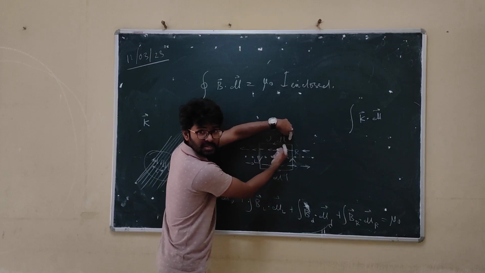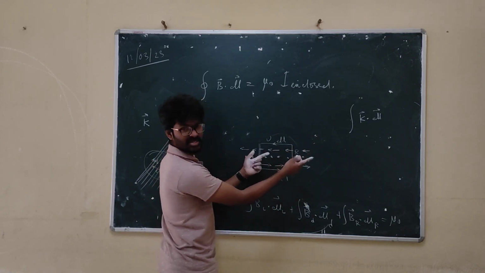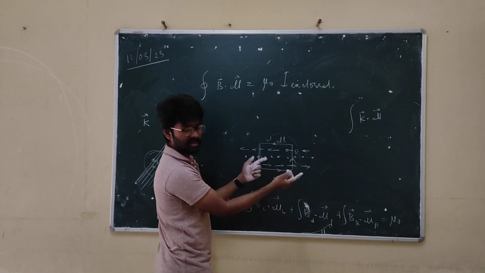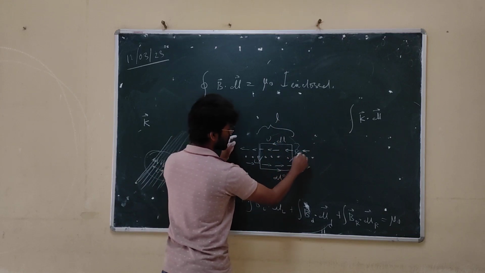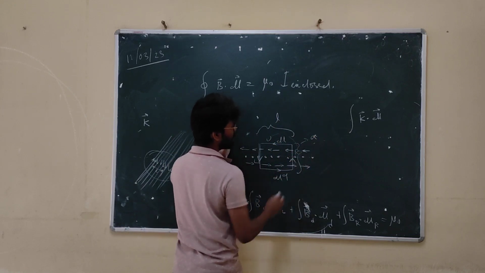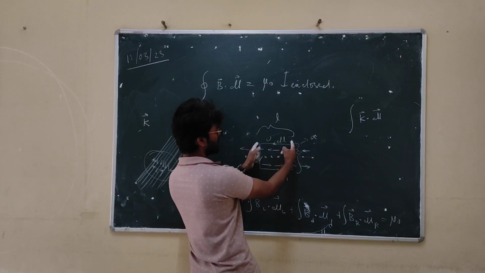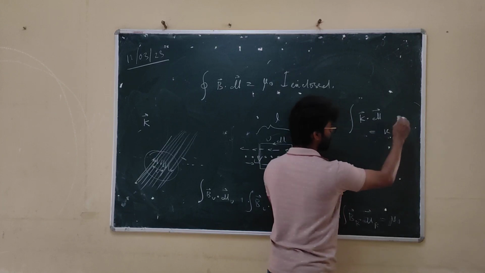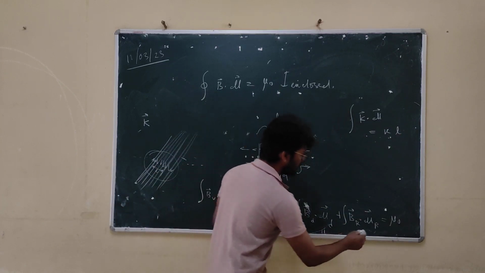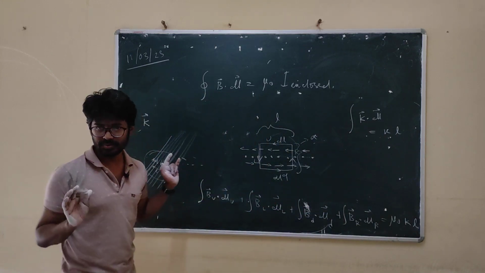If the length of this piece is L, then it is just K times L. So let's take this length to be L and this to be A. So the current will be K times L. So mu naught K L is your current enclosed.